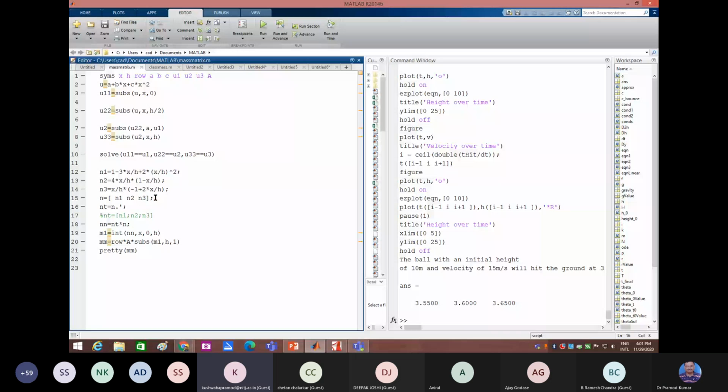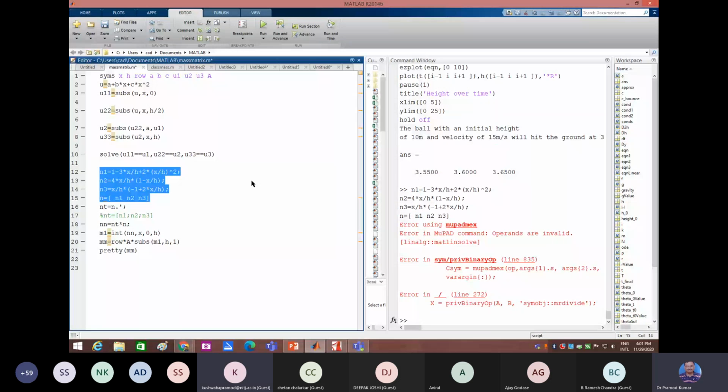Here we can see that N1, N2, N3, this is the matrix. Something wrong is there. N1, N2, N3, what is wrong? No, nothing.